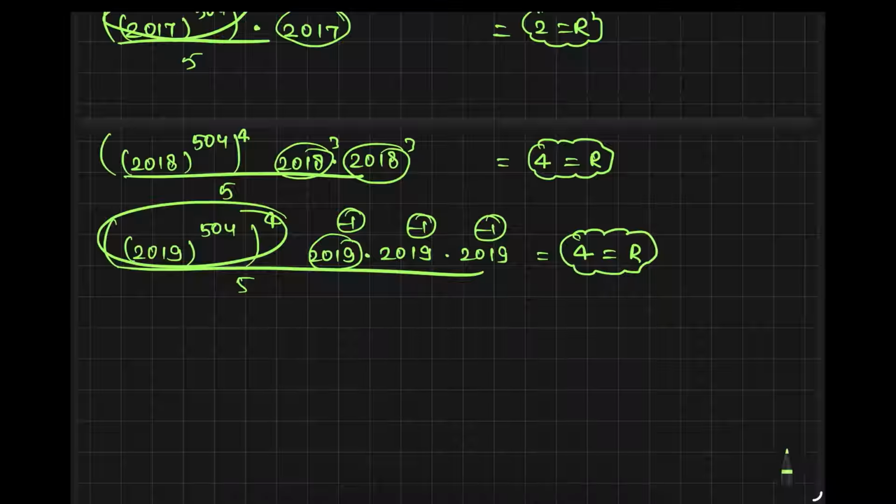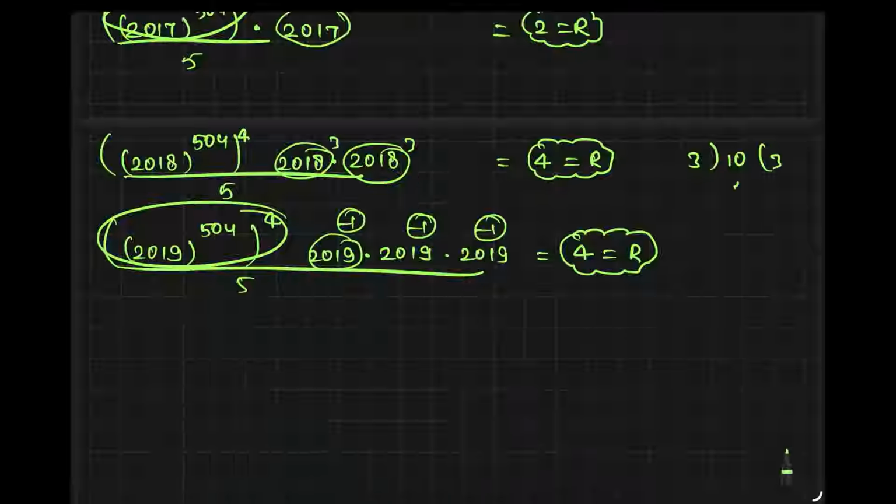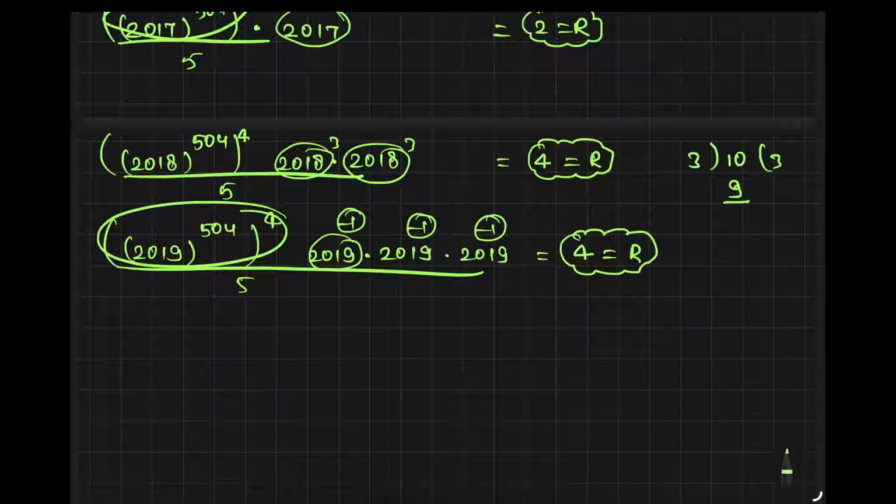Why am I telling you this? Look at this. Suppose you are dividing 10 by 3. If you take 3 times 3, that is 9, the remainder is 1. So you can go with this idea, and you can also go with this idea: 3 times 4 is 12, so it is minus 2.